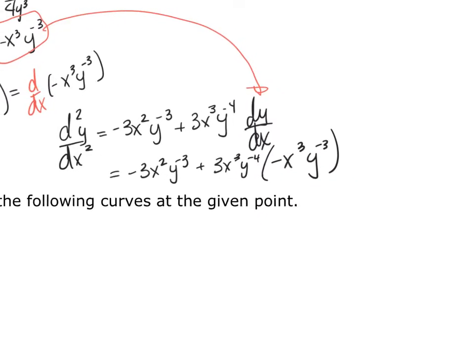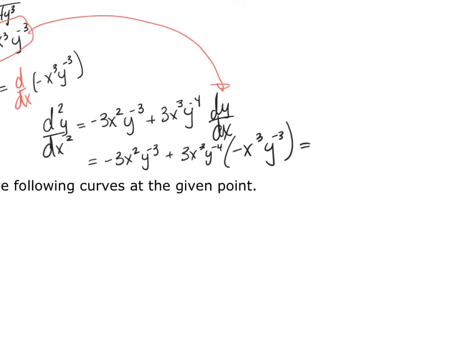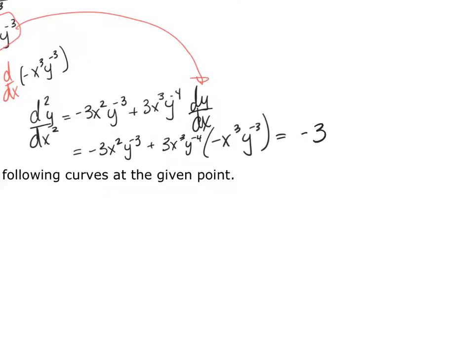So my final answer is negative 3x squared y to the negative 3 minus, because I have a positive 3 times a negative 1, so it is minus. I'm going to add exponents, so it's going to be x to the 6th.